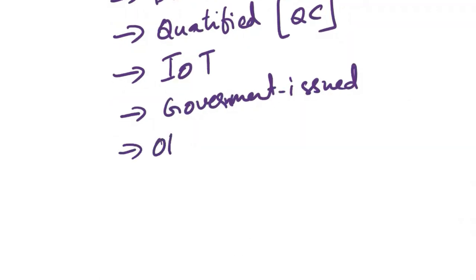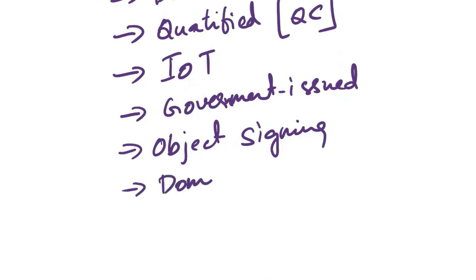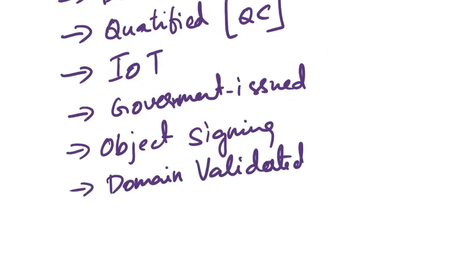Next one, object signing certificates. This is used to sign and verify objects such as scripts, macros, or software applications to ensure their authenticity and integrity. Then there is domain validated certificates.